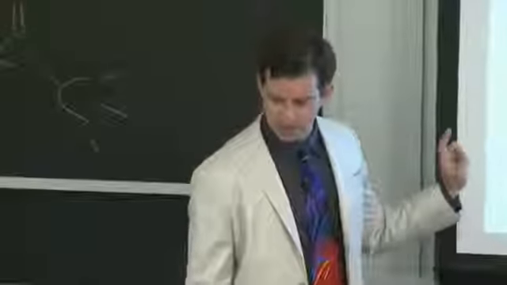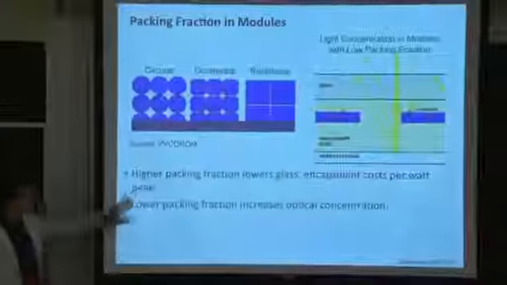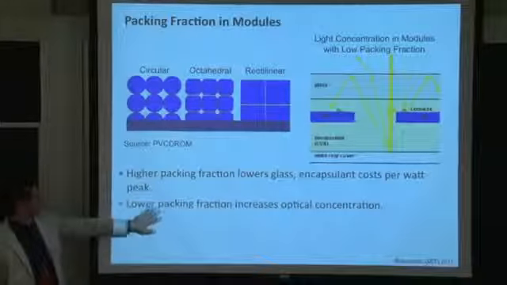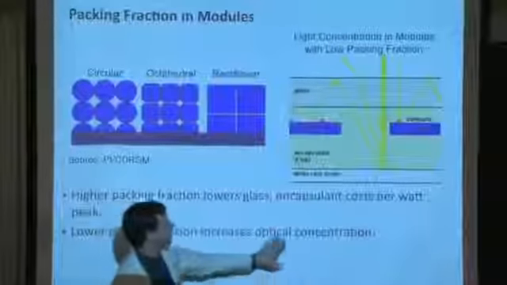Packing fraction in the modules. So we talked about the different cell sizes if you're processing discrete cells. The higher packing fraction enables lower glass and encapsulant cost per watt peak. With the lower packing fraction, you get to play some games with optical concentration.